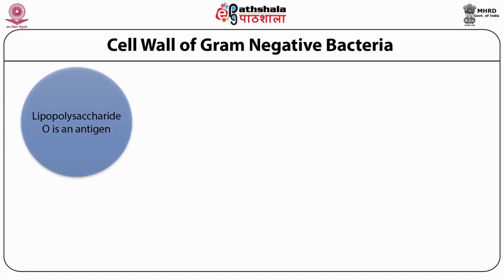The lipopolysaccharide O, for example, in itself is an antigen. So is lipid A, which is an endotoxin, which is also important in the entire scenario of the infection.